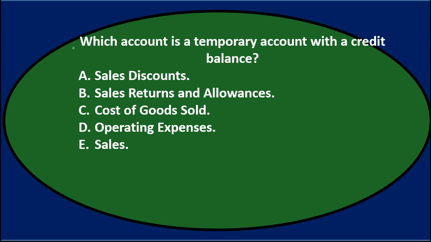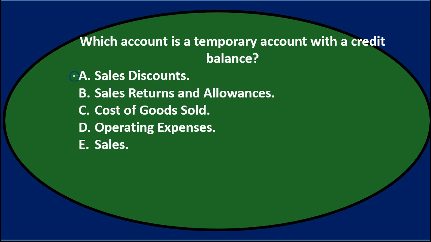The question once again, which account is a temporary account with a credit balance? We're going to cross these out using the process of elimination. A, sales discount. You might look at that and think, I'm not really sure. It's got sales in it. Remember, we said that all expenses have debit balances. It seems like it's going to be a temporary account because sales discount is on the income statement, but we might get confused as to whether it will be a debit or credit balance.